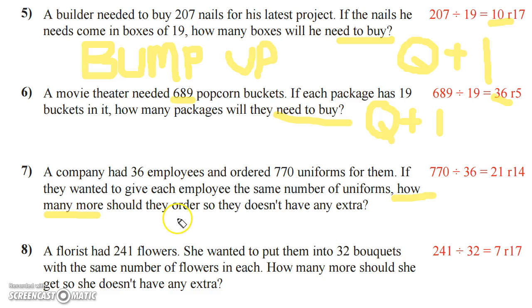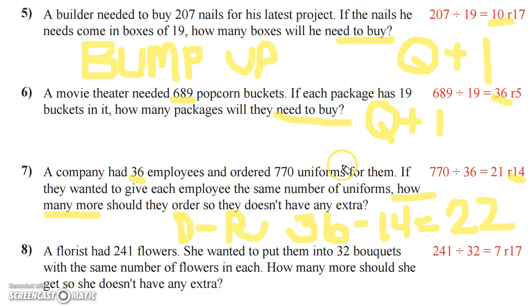So what we call that is divisor minus remainder. My divisor is 36 and my remainder is 14. So I go 36 subtract 14, and my answer is going to be 22.